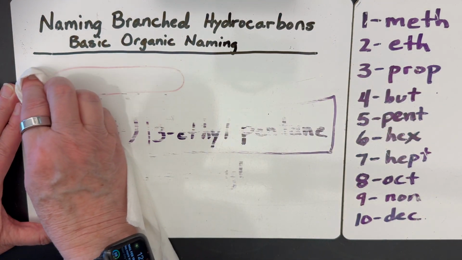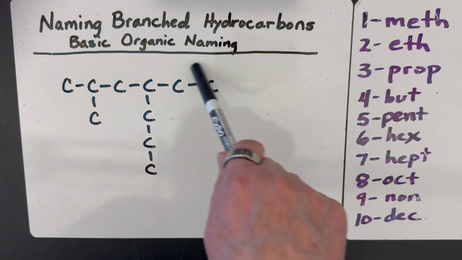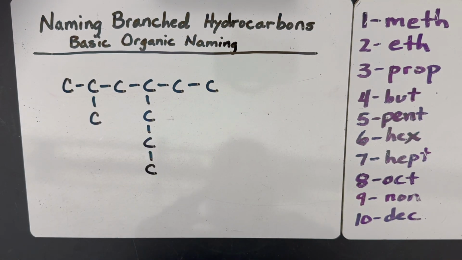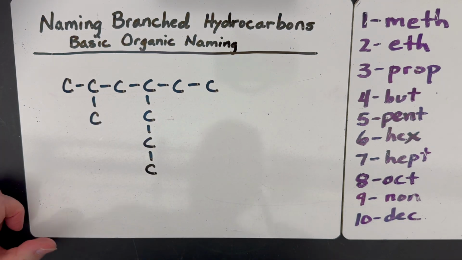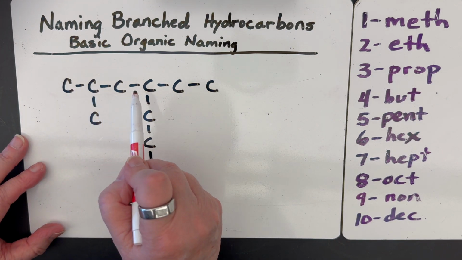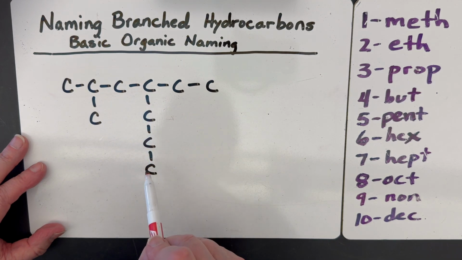Let's try some more. All right, so our first task, remember that we would have hydrogens sticking out all around here, but I'm just going to keep it in this skeleton view because I think it makes it a little bit easier. If you're confused on one, it helps a lot to take the hydrogens out and just look at it like this. So we need to find the longest chain. So 1, 2, 3, 4, 5, 6. 1, 2, 3, 4, 5, 6, 7.